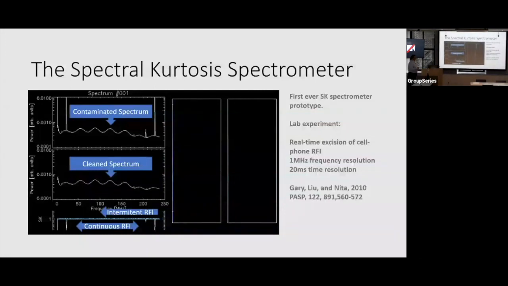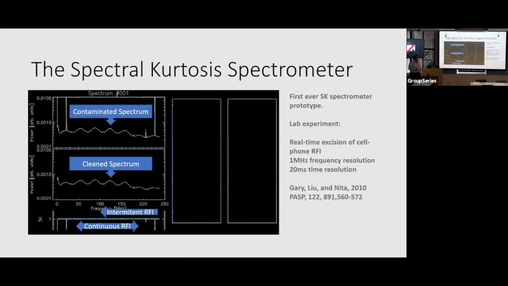And now I want to show you the first prototype of an instrument that is doing real-time detection of radio frequency interference. What you will see here is a spectrum. You will see continuous interference here, and you will see some interference that happens when we start talking on a cell phone.